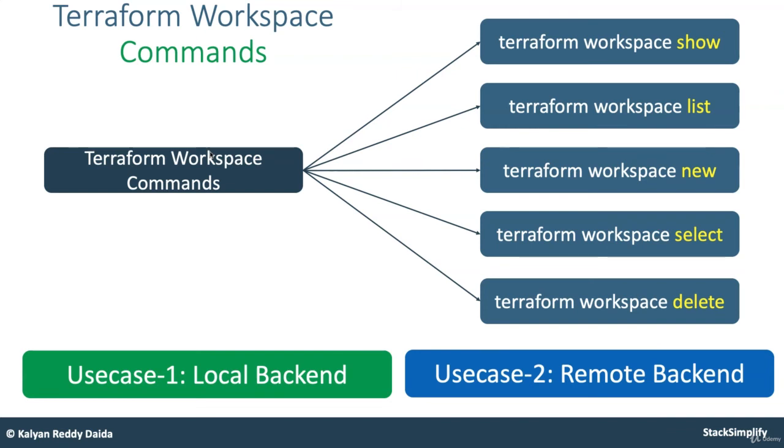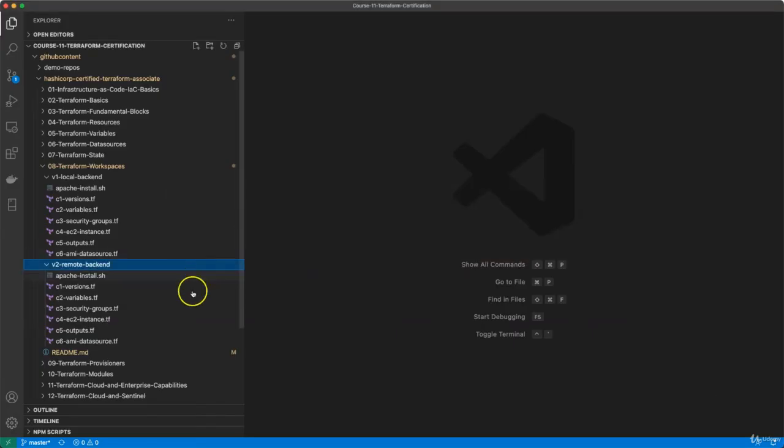Moving on, we are going to implement and learn these commands with use case 1, which is with a local backend, and also with a remote backend. With the local backend, you will learn how the terraform.tfstate file gets created with workspaces. In the remote backend, AWS S3, you will learn how it creates the folder structure for each different workspace.